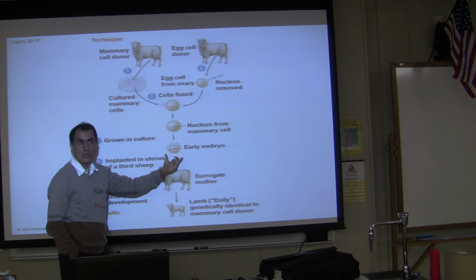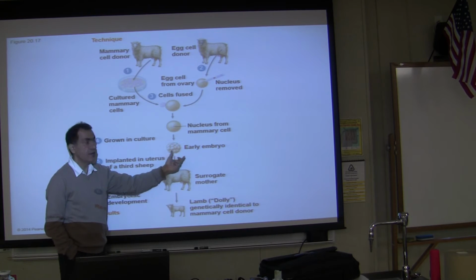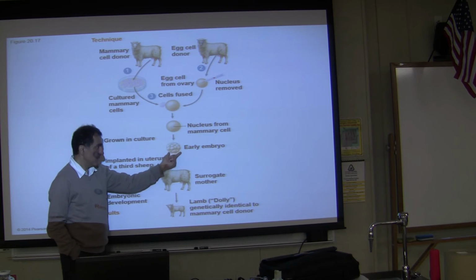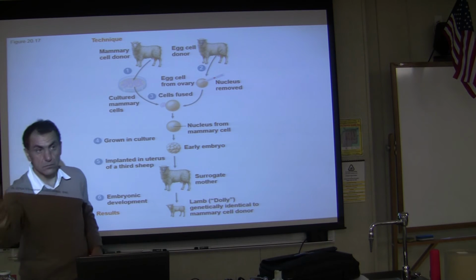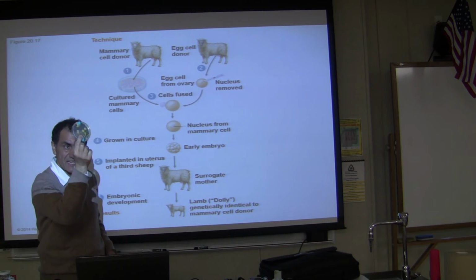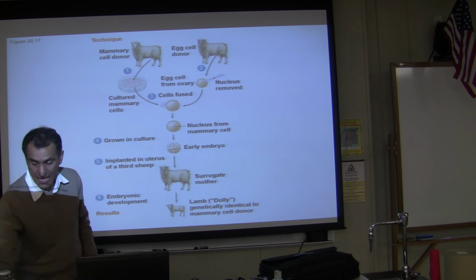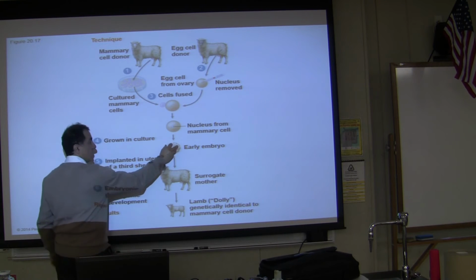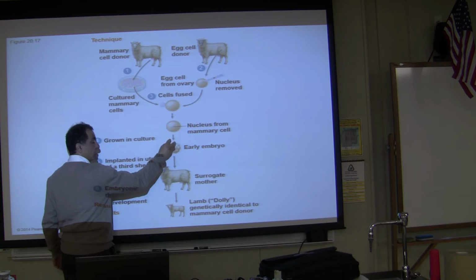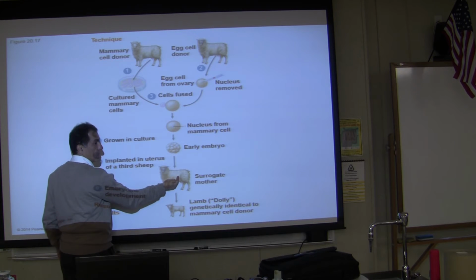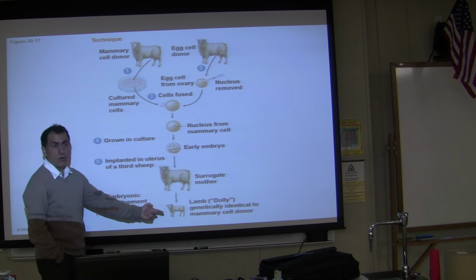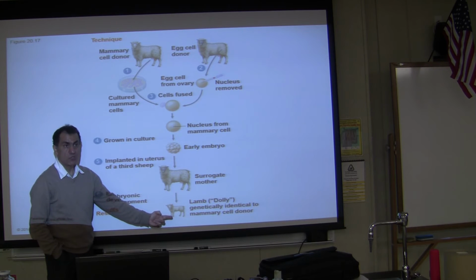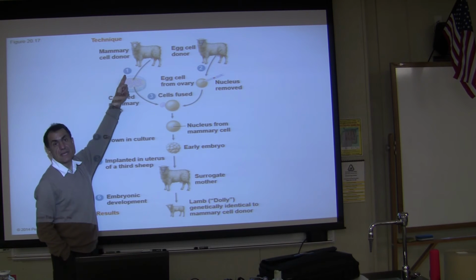It grew and became a blastula, something you're familiar with, through mitosis. They grow the fertilized egg in a dish, and then eventually they took that morula, or blastula in this case, and put it in the uterus of a sheep, the black-headed sheep, it doesn't matter. And when the lamb was born, it was a clone of that sheep.